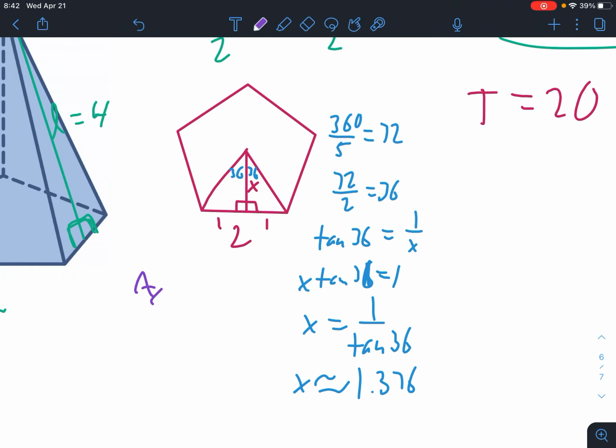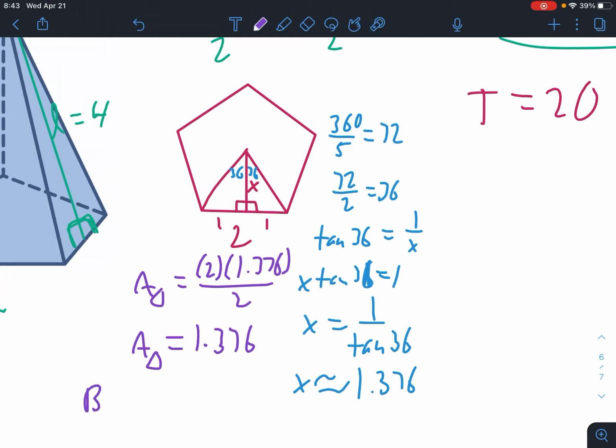So then the area of that triangle is base times height over 2, which works out to 1.376. So then ask yourself, how many of those triangles are there? There's 5 of them. So our base is going to be 5 times that, which is 6.882.